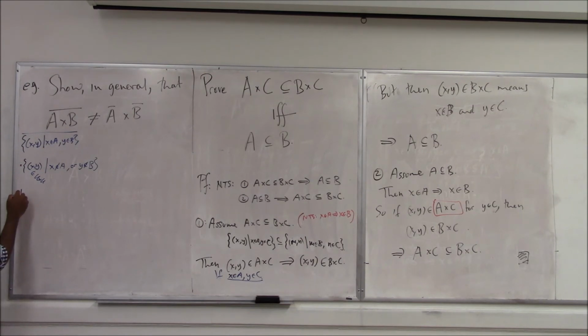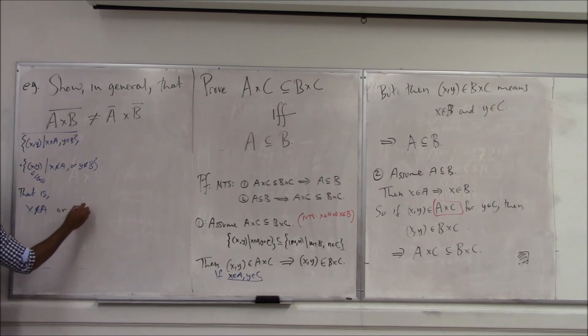So we're saying that if such a coordinate is here, if x is not in A or y is not in B, then here x is in A complement.